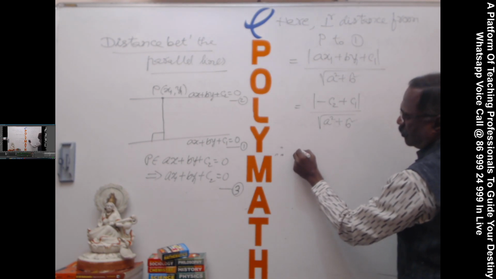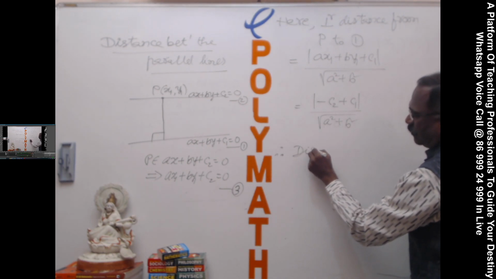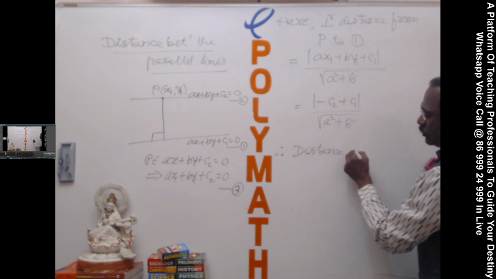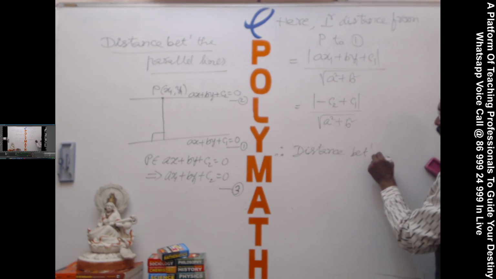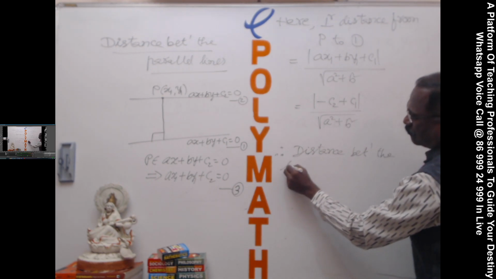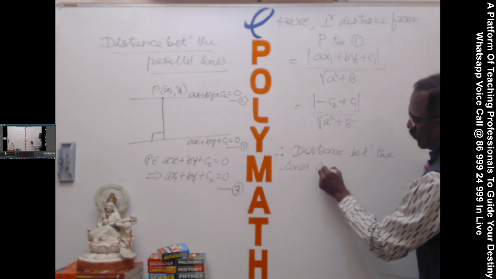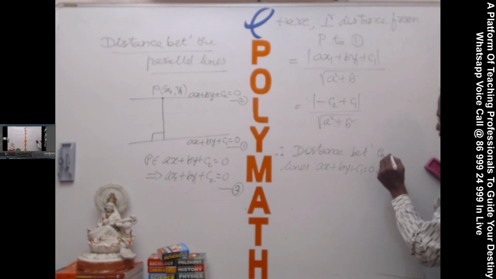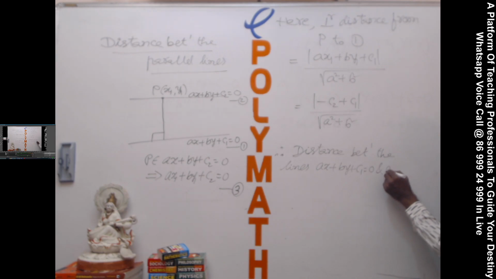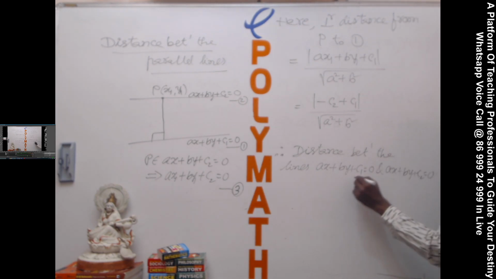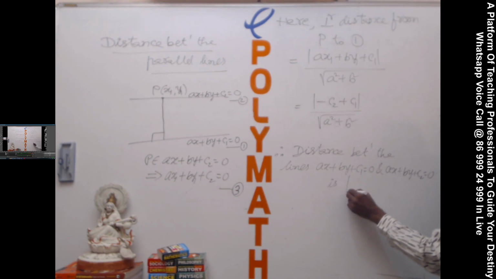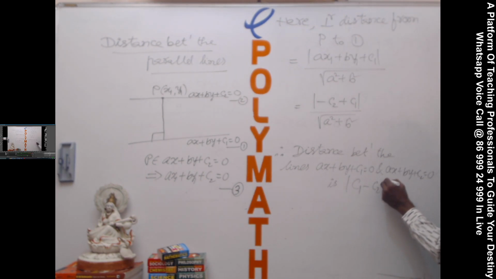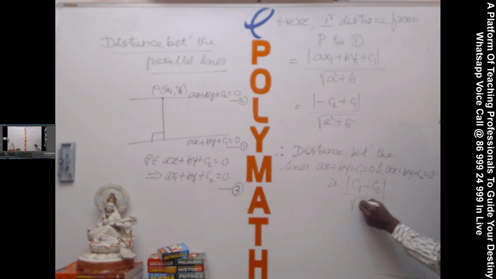Therefore, the conclusion: the distance between the lines ax plus by plus c1 equal to 0 and ax plus by plus c2 equal to 0 is modulus of c1 minus c2 by root over a square plus b square units.